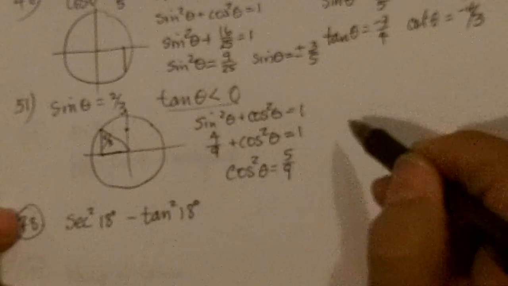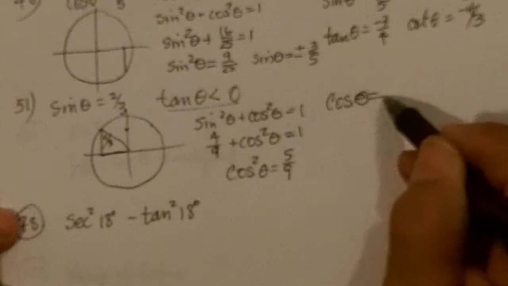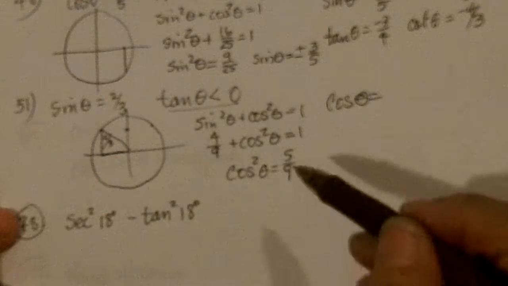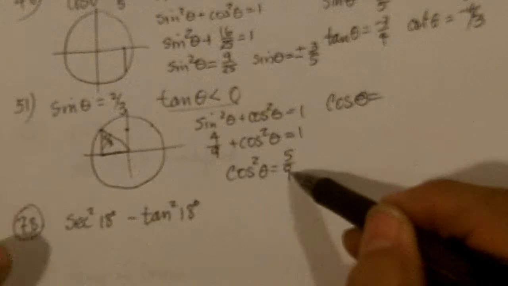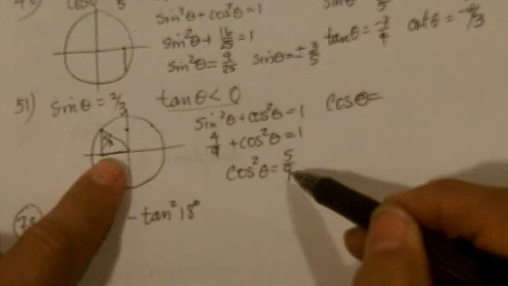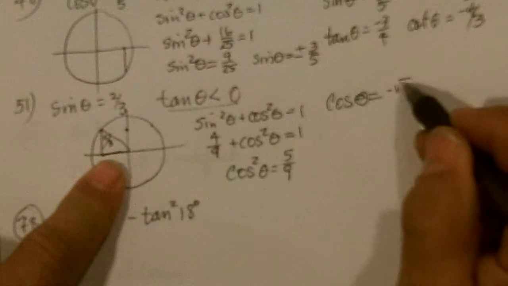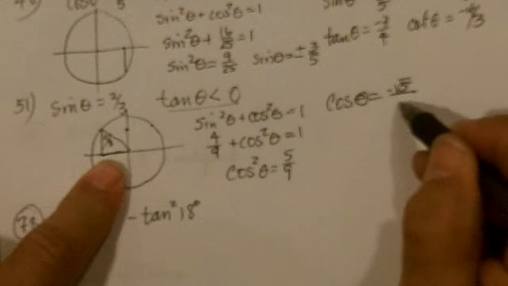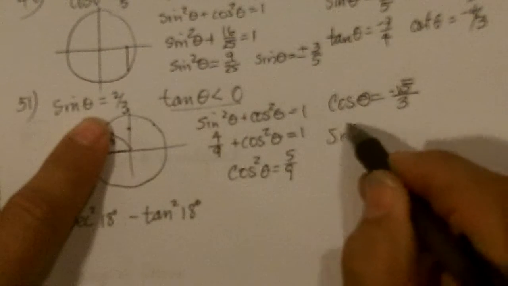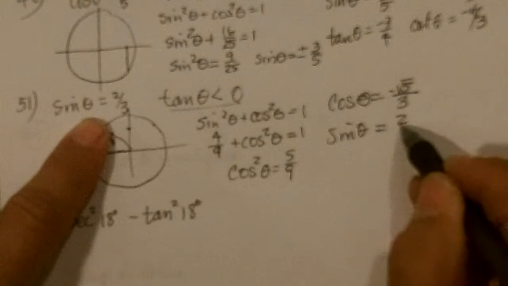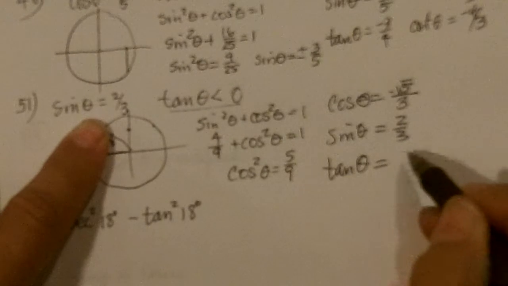So the cosine of theta would be the square root of 5/9, or square root of 5/3, positive or negative, but the cosine in this quadrant would be negative. So we get negative square root of 5 over the square root of 9, which is 3.